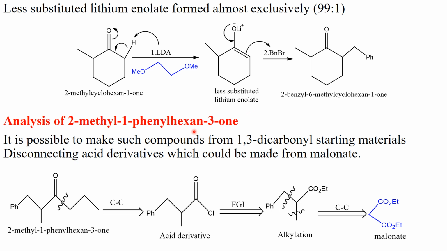Next, we see the analysis of 2-methyl-1-phenylhexan-3-one. It is possible from 1,3-dicarbonyl compounds, disconnecting acyl derivatives which could be prepared from malonate.